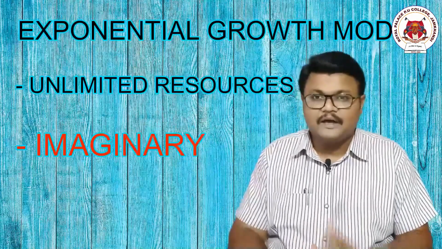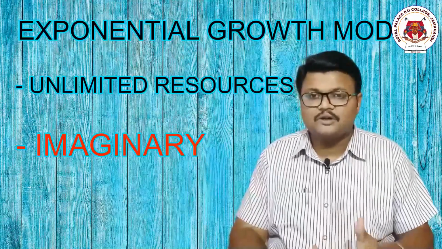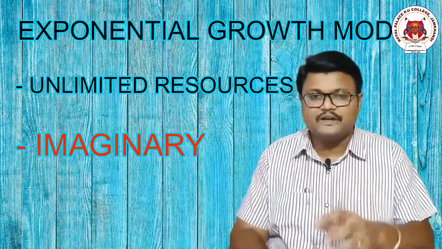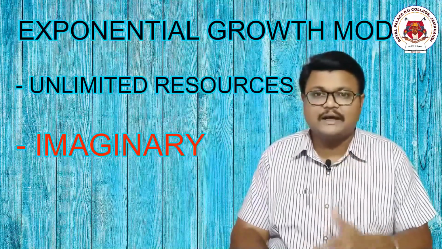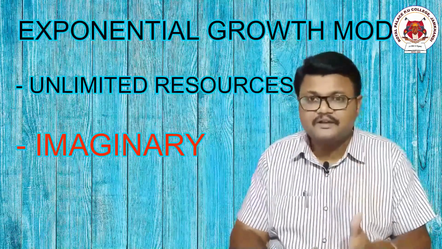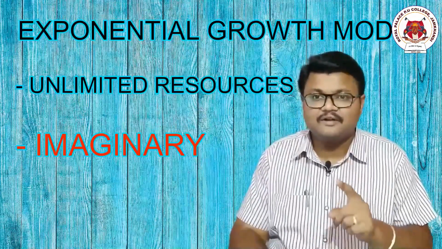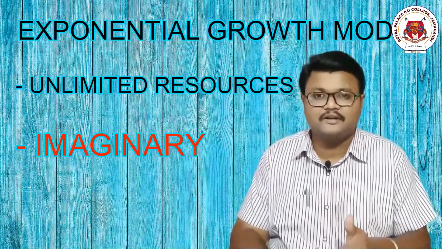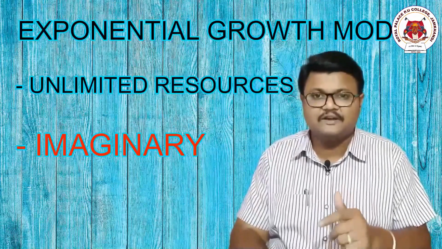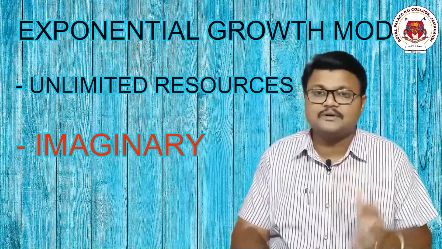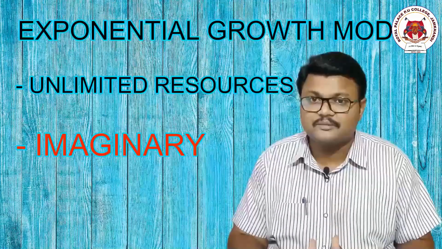I repeat, the exponential growth model is that kind of growth model in which the resources are unlimited, which is a basic concept telling us that this kind of stage, wherein the resources are unlimited, is an imaginary concept.